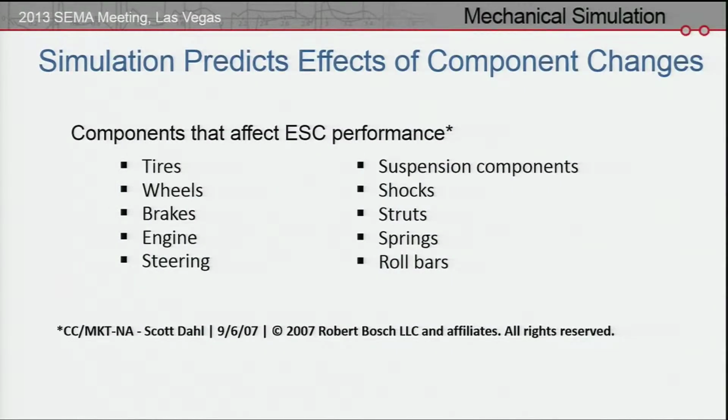Here are some of the principal vehicle components that affect electronic stability control performance. If you make or sell any one of these, you need to think about what that really means with regard to altering a vehicle after it's been produced.